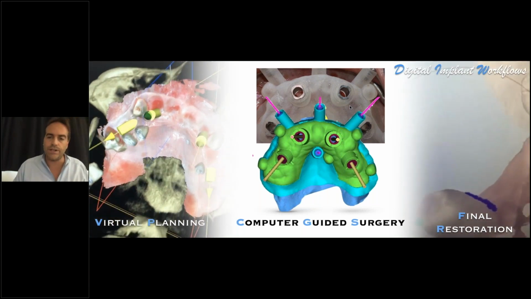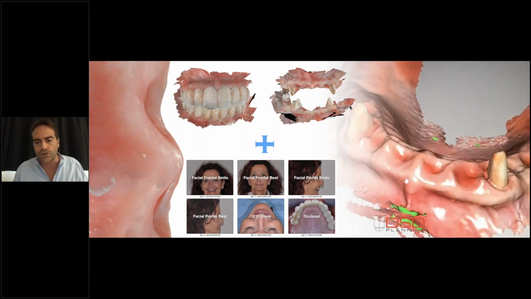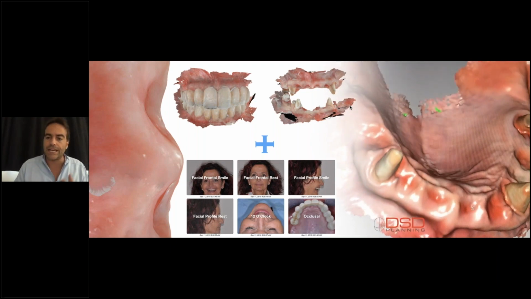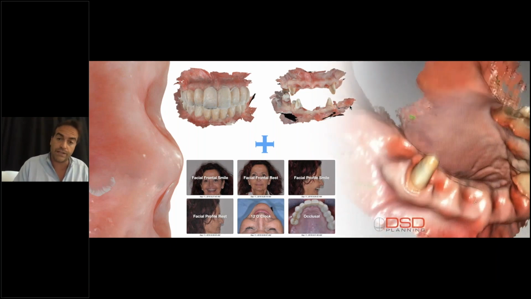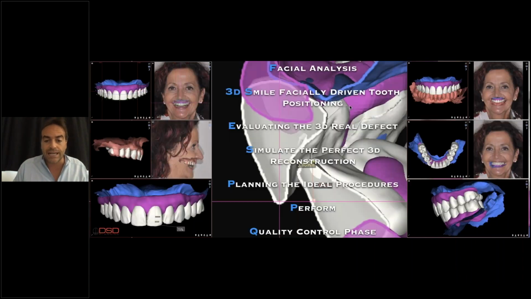For sure, we have the opportunity to utilize these technologies also in full arches. For example, to create a 3D planning starting from the face of the patient, so starting from the facial analysis, a 3D smile, facially driven tooth positioning. We can decide whether we need the pink artificial component.